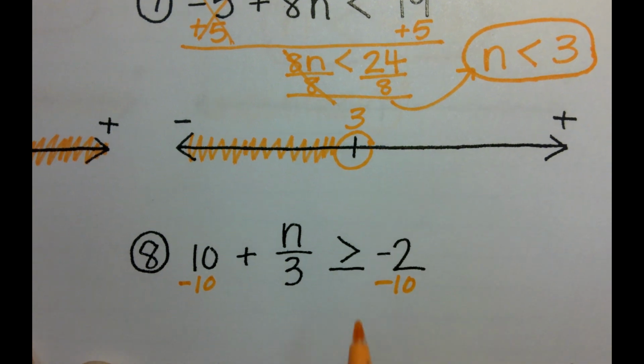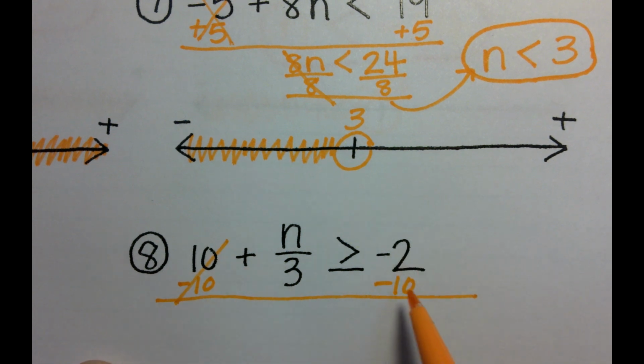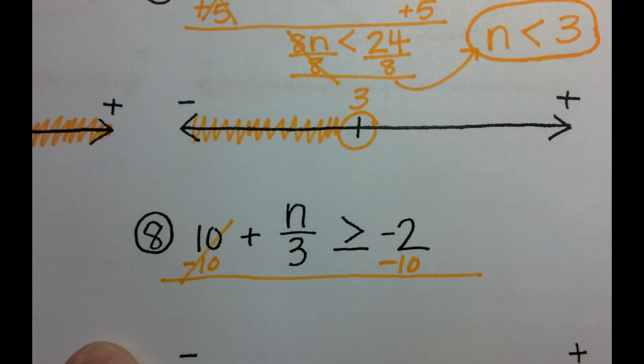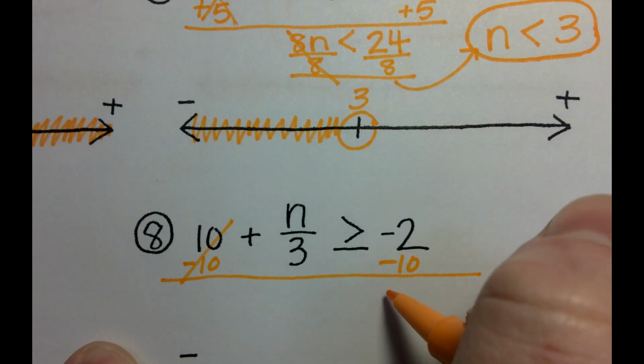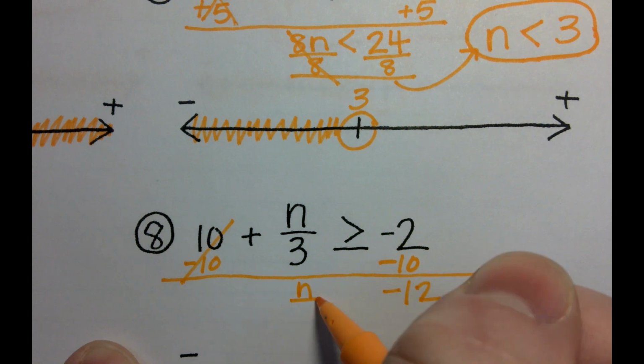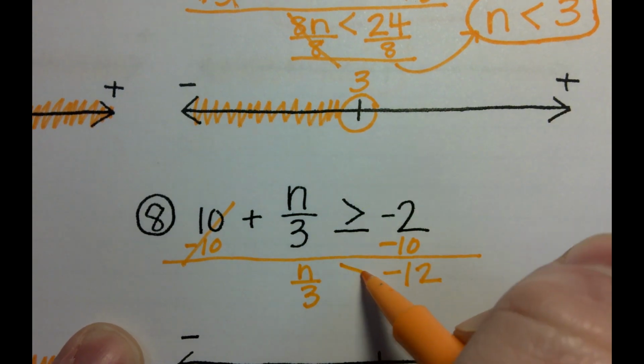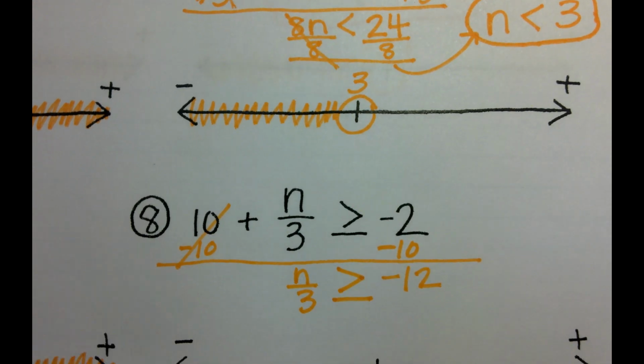Now be careful whenever you're subtracting from a negative number. What would -2 minus 10 be? -12. Good. We'll bring it all down. N divided by 3 is greater than or equal to -12.